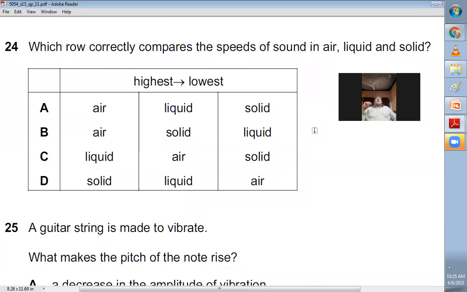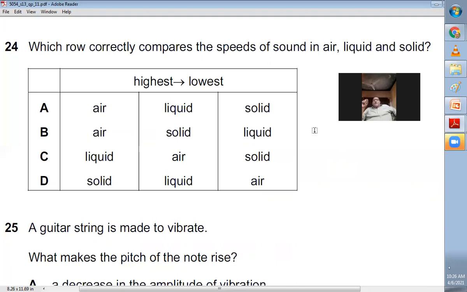Which row correctly compares the speed of sound in solid, liquid, and gas? You know, the speed of sound in solids is the fastest, then in liquids, and then in air. The behavior of sound is different from the behavior of light. Remember this. The behavior of the speed of light is totally opposite to the behavior of sound.